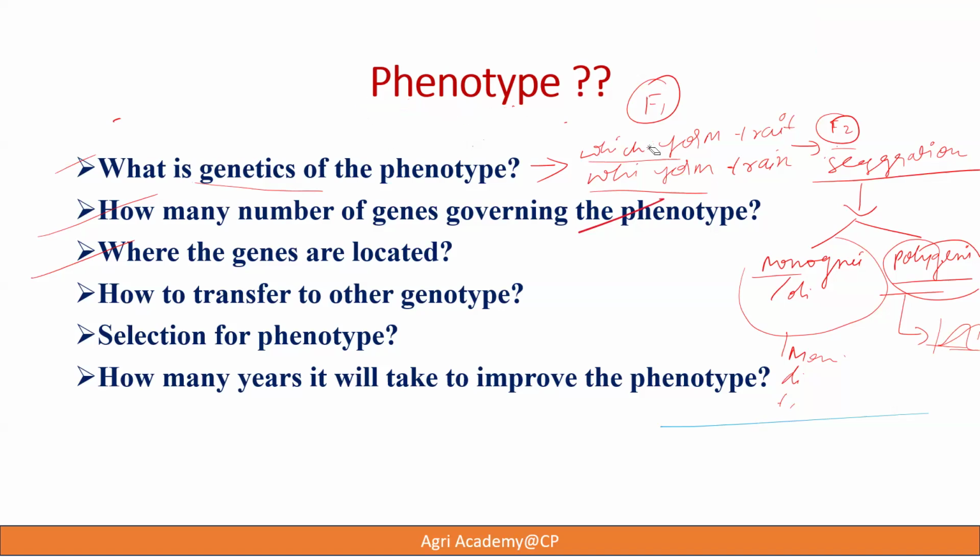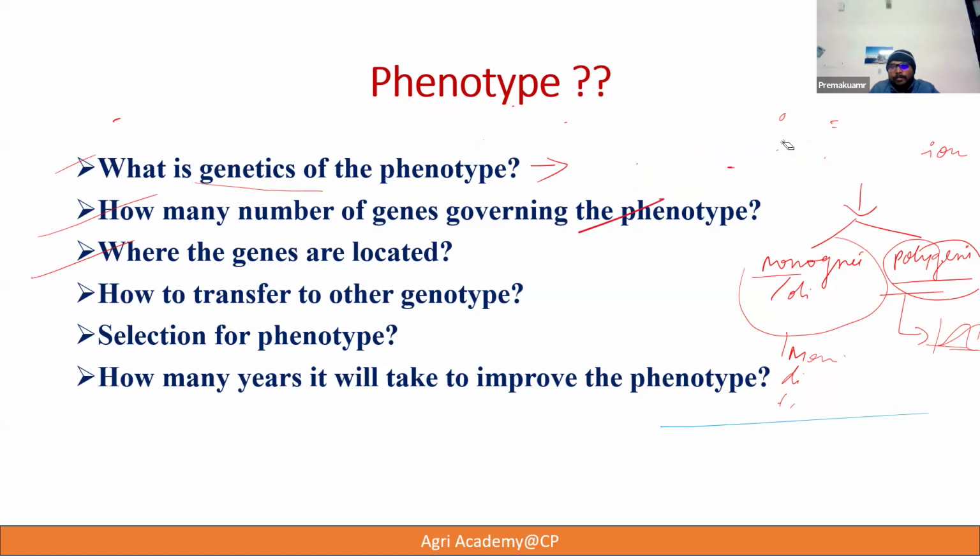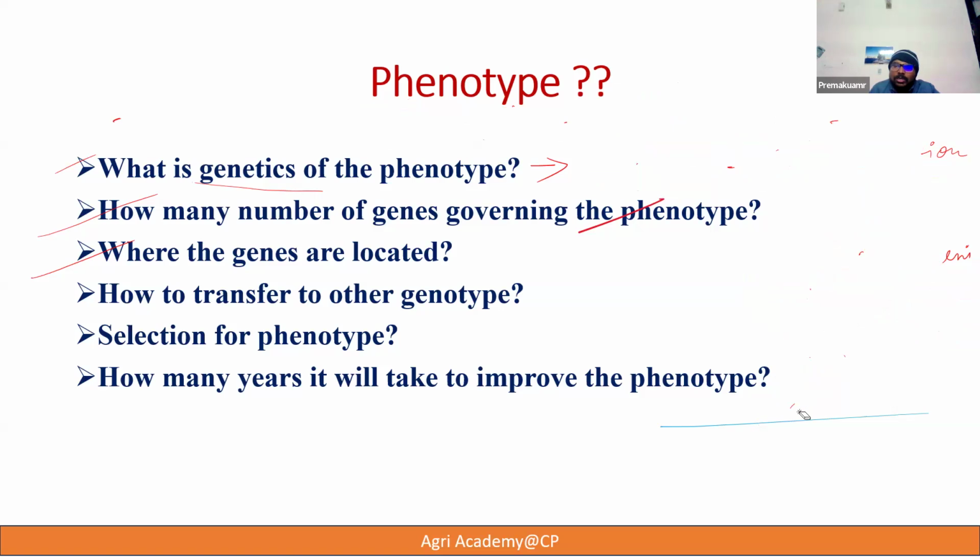If I want to know exactly, we also discussed linkage mapping, cytogenetic mapping, physical map, and how to create the linkage map. From that information we are going to get where the particular gene is in the genome.